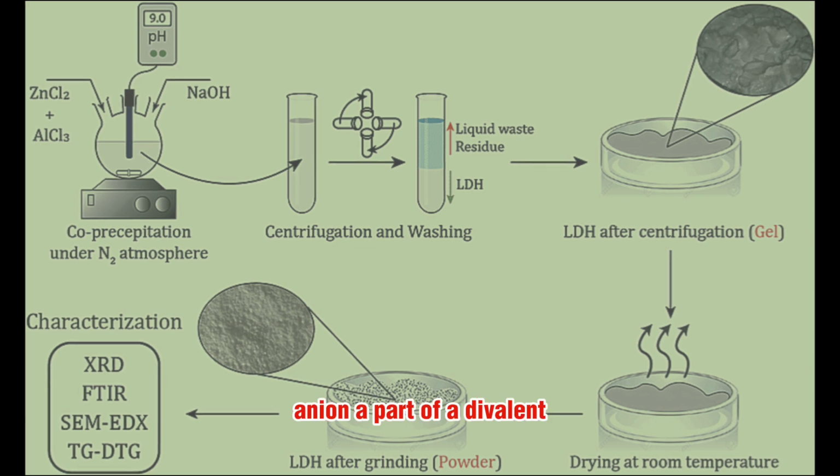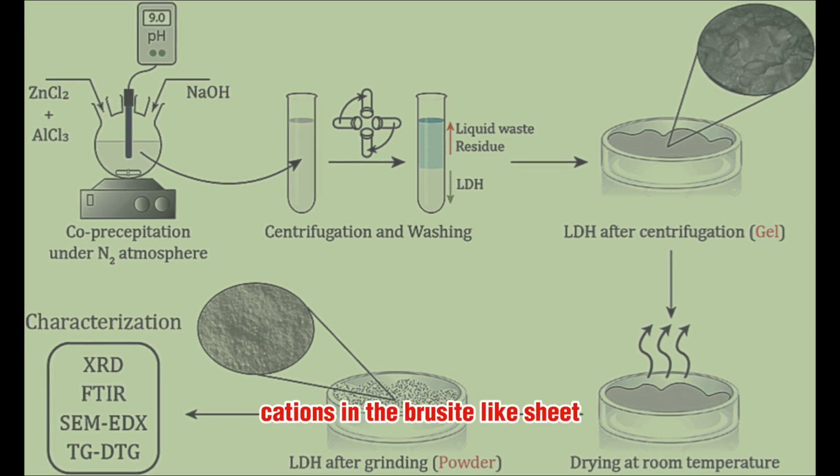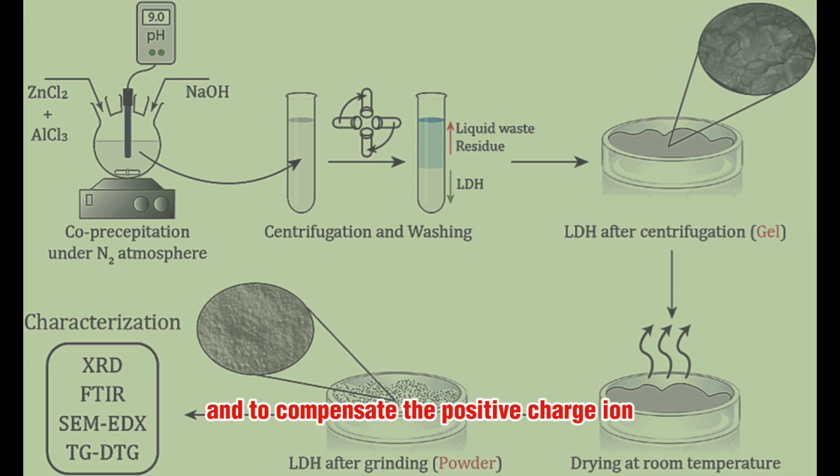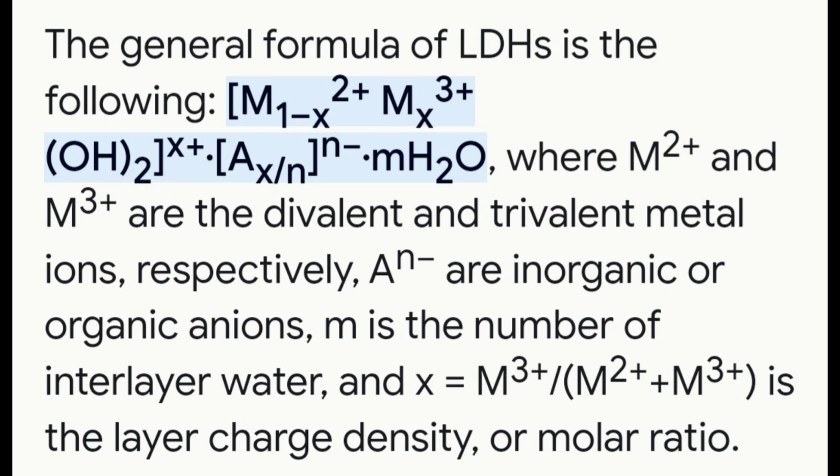A part of the divalent cations in the brucite like sheet are replaced by trivalent ions, giving positively charged sheets, and to compensate the positive charge, anions occupy the interlayer space. Normally the chemical formula for LDH is a kind of big formula where we have M2+ and M3+, which are divalent and trivalent cations. So you can see the formula.